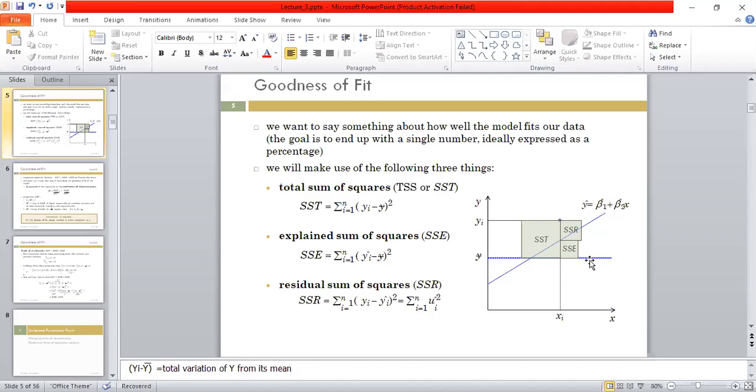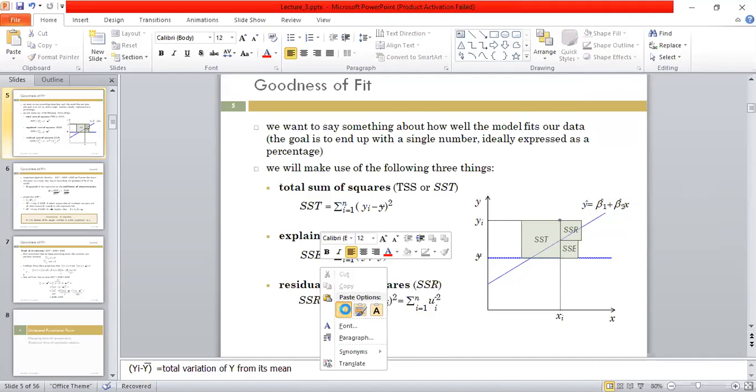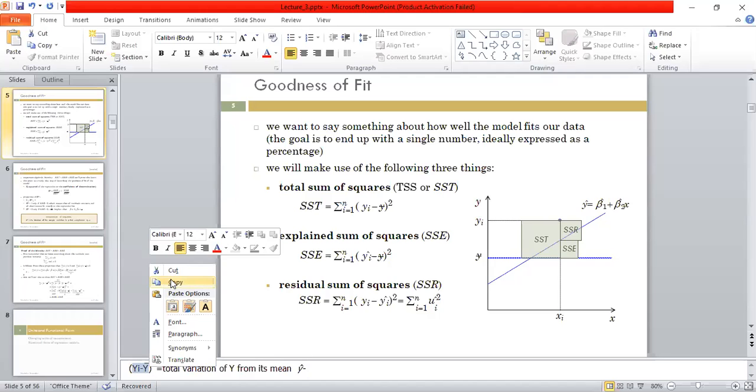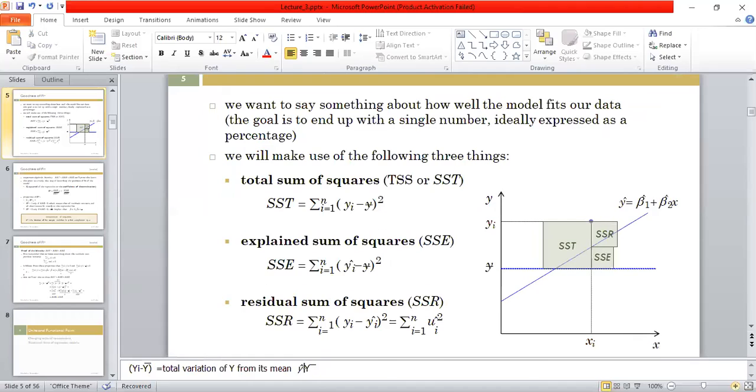That is y hat. So y hat minus y bar is this distance.